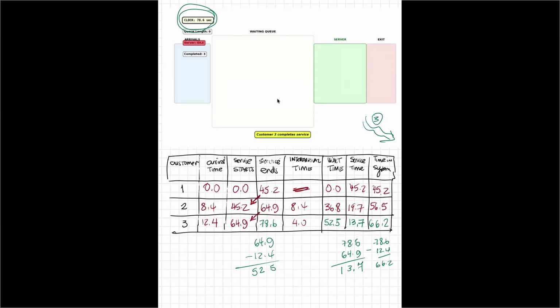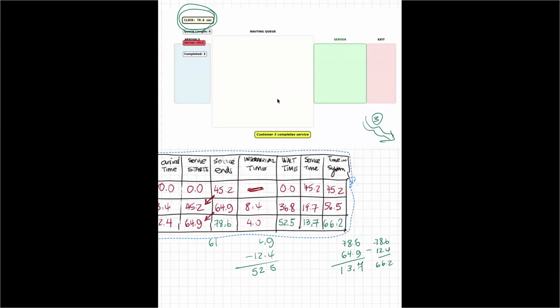With that information, I'm going to ask you to do this: now that we have all those statistics, let's see if I can copy this to the next page.